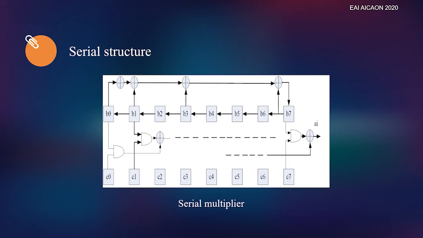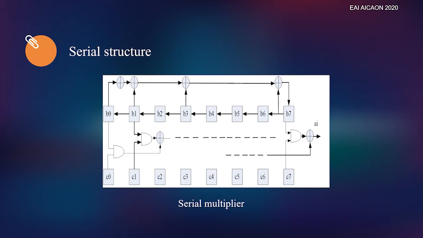First, in GF, addition corresponds to XOR operations in logic circuits, and multiplication corresponds to AND operations. The multipliers used in Reed-Solomon codes usually have serial structure and parallel structure. First, we will see the serial structure.